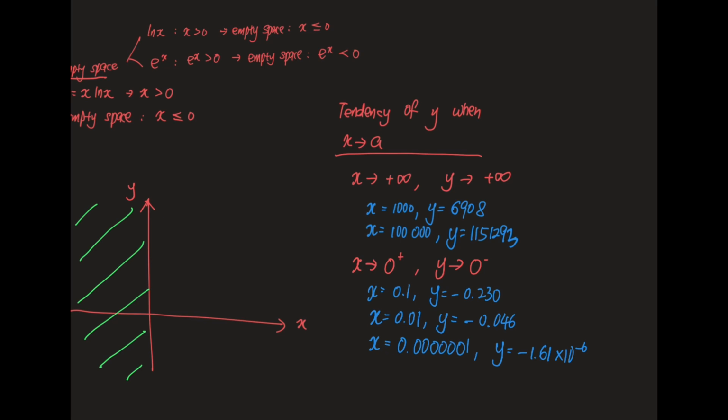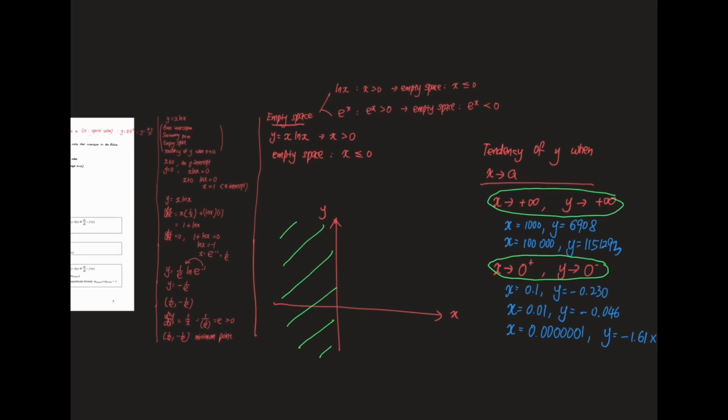So what we can do now is sketch the graph. Let's see all the relevant information that we have. I will circle it in green color. The information that we need to use, this one, and empty space. Of course, we have used it.